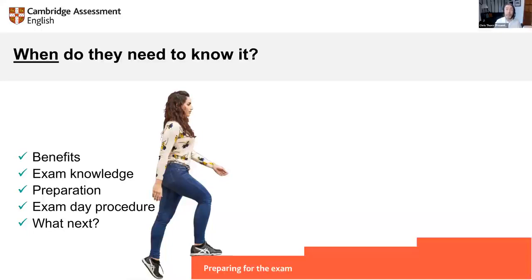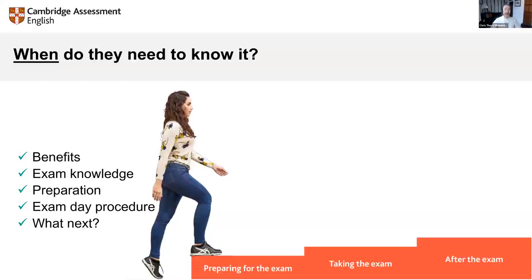So that's very much before. Will they need it on the exam day itself? Will they need it when taking the exam? Or will they need it more for after the exam? So that can be a useful way of looking at what you might want to share and thinking about when it would be useful to do that.